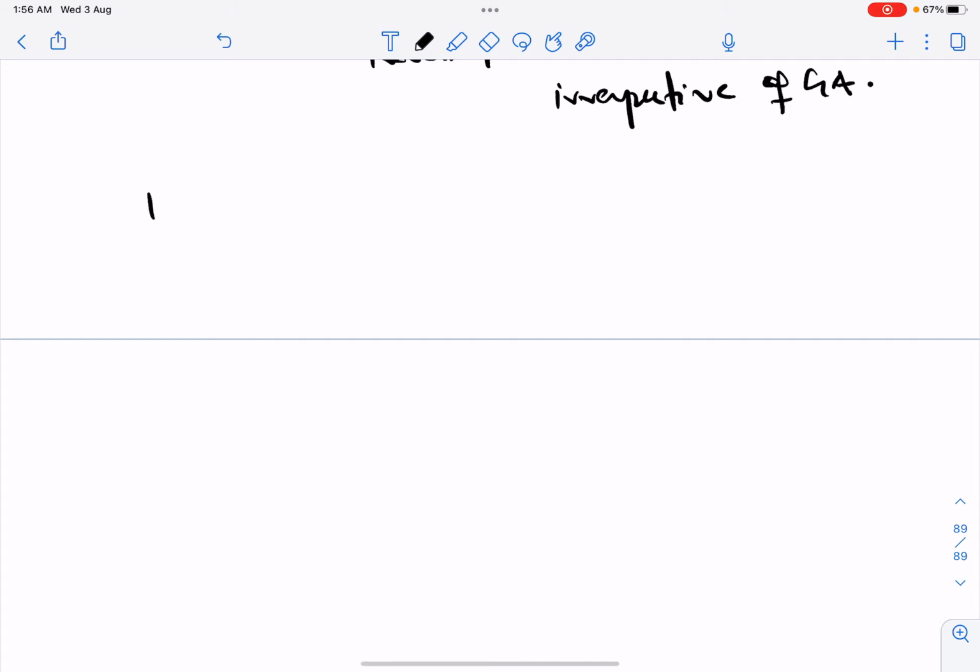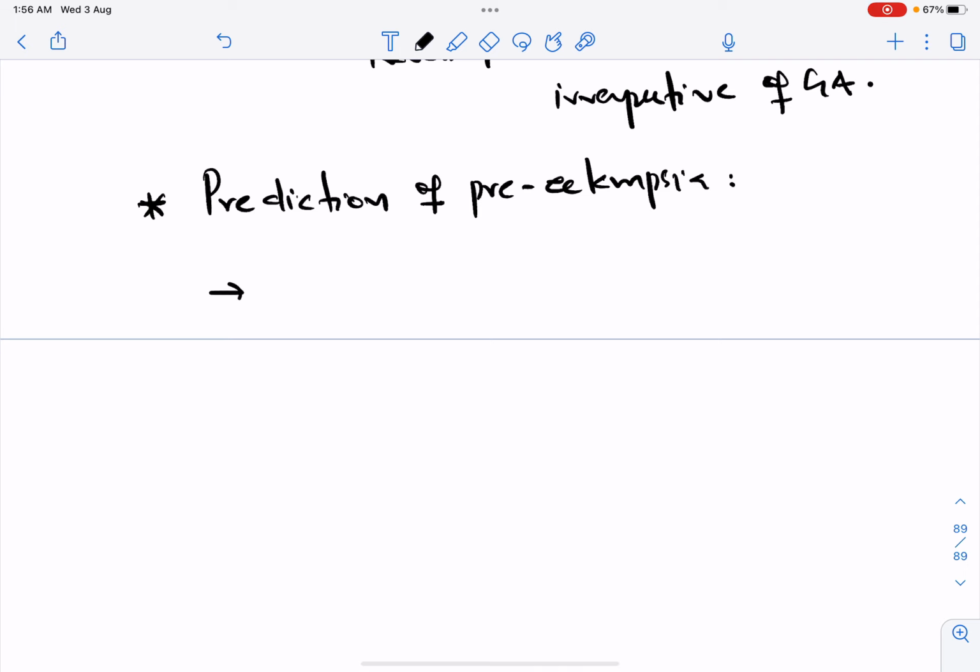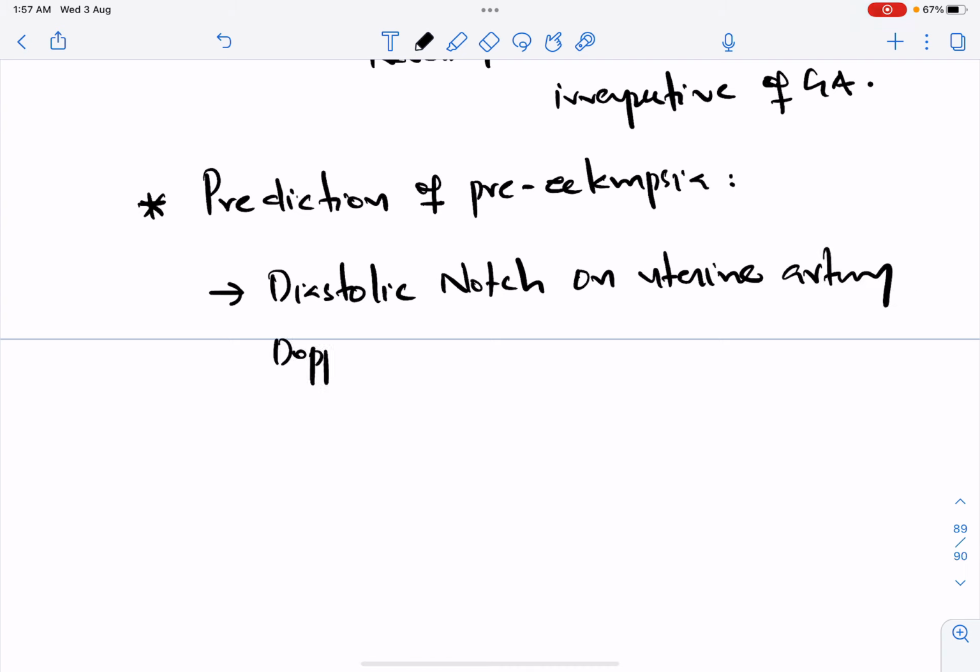Now about prediction of preeclampsia. Okay, you can predict preeclampsia if there is a diastolic notch on uterine artery Doppler done at 20 to 24 weeks of gestational age.